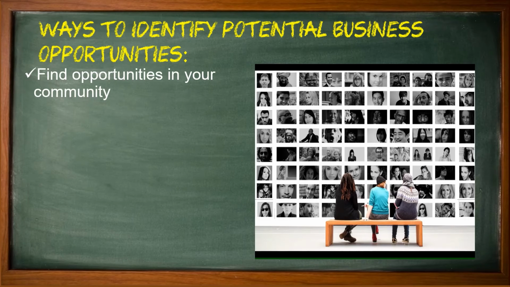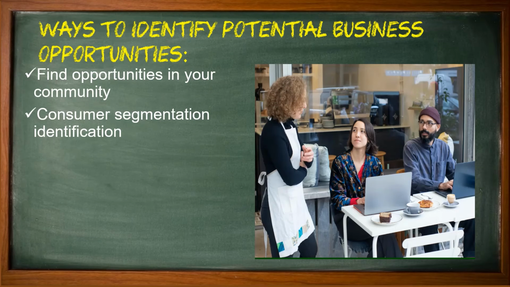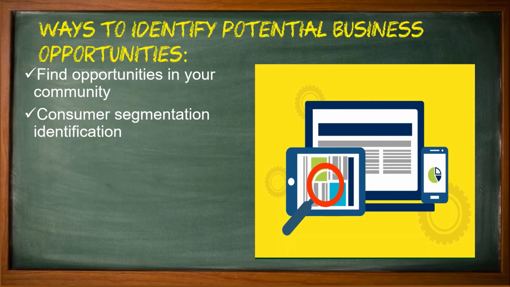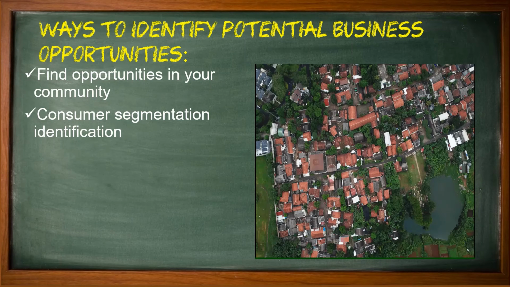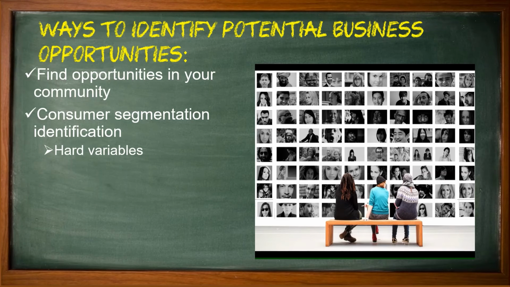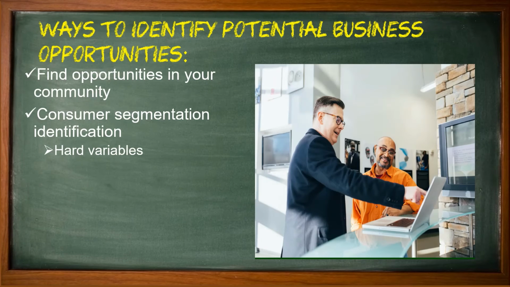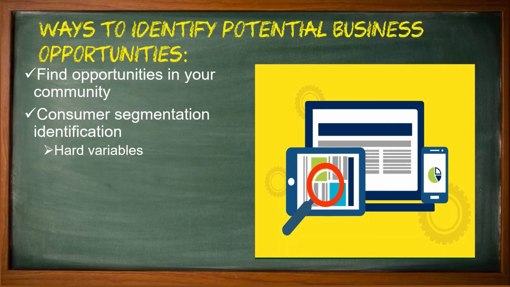Consumer segmentation identification, understanding the demand and needs: identify the consumer segments that share common characteristics. These segmentations can be divided into two variables. Hard variables such as age, gender, place of residence, educational level, occupation, and level of income. Hard variables can help approximate the number of possible clients a business can have.